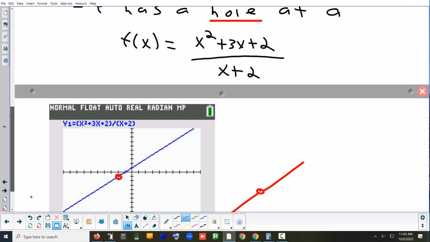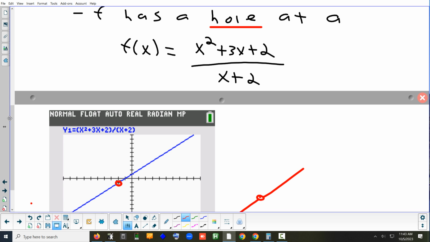The only way you'd know is by going back to the original problem. So let me show you when you get a hole. So let's take the top and let's factor. How does x squared plus 3x plus 2 factor?